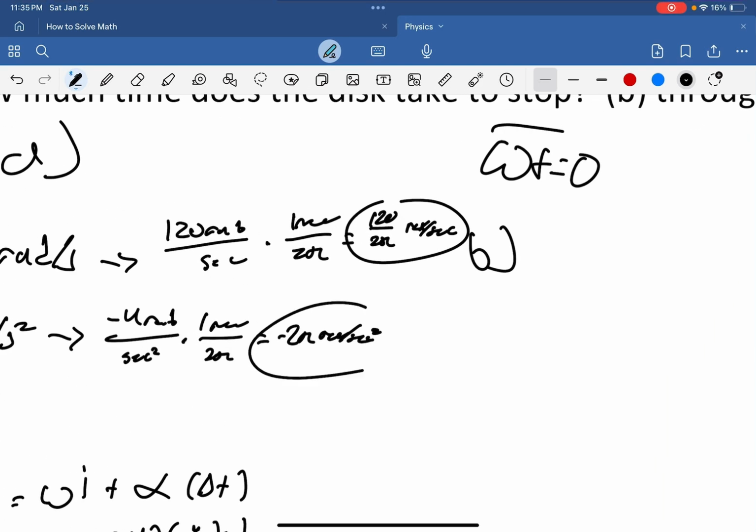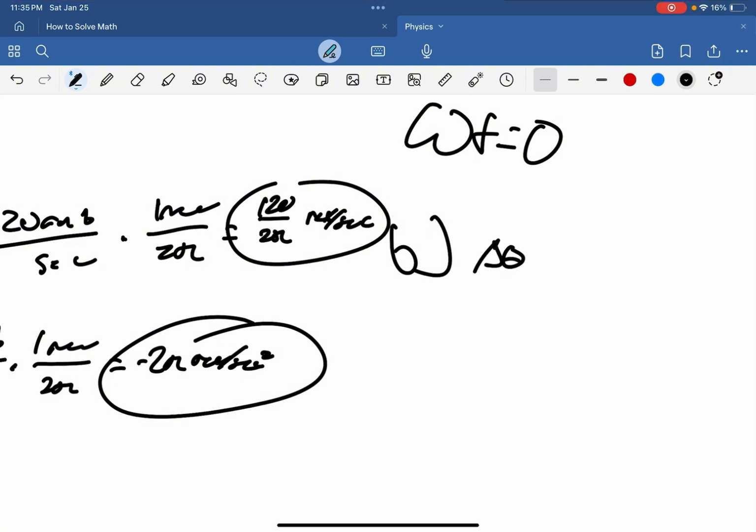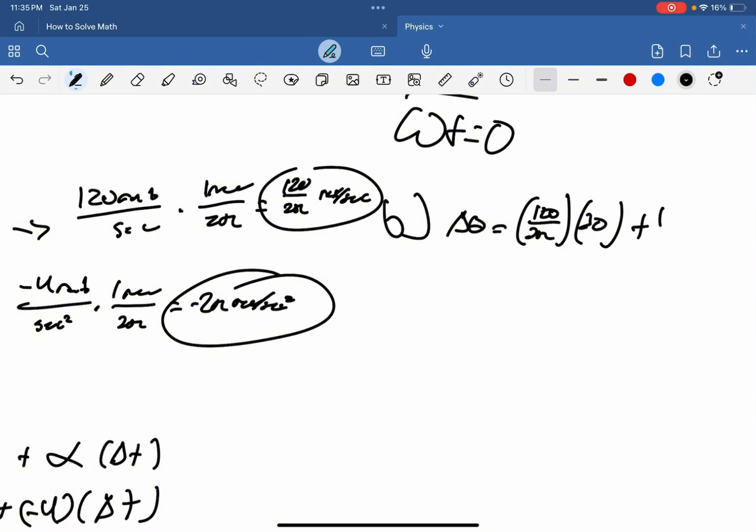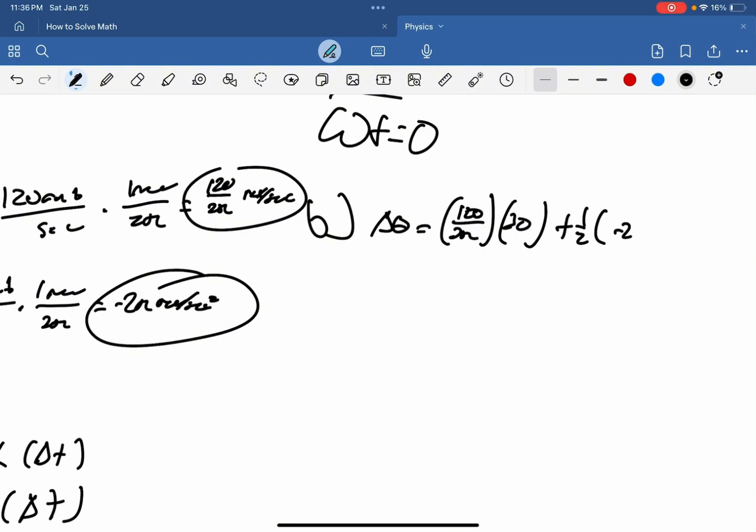Okay. So now let's find change in theta with our new givens. 120 over 2 pi times 30 plus 1/2 negative 2 over pi times 30 squared.